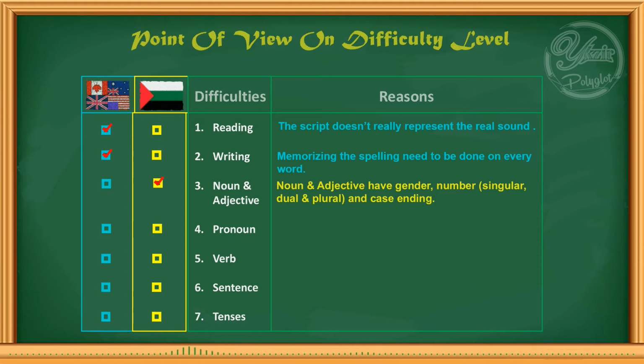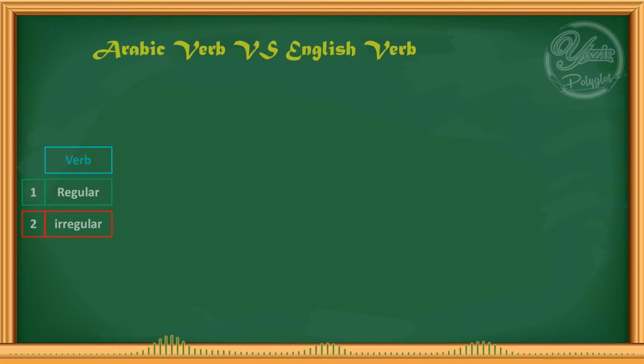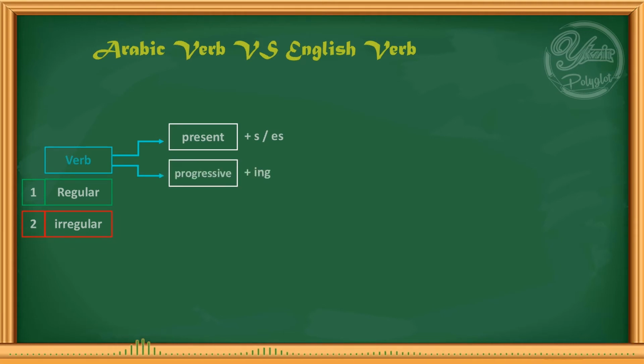number, and case ending. Now let's take a look and compare how different the Arabic verb is from the English verb. In English, you know that we only have regular and irregular verbs. Verb declension in English only occurs when a verb follows a singular subject, and when it is used as progressive, past, and perfect tense.